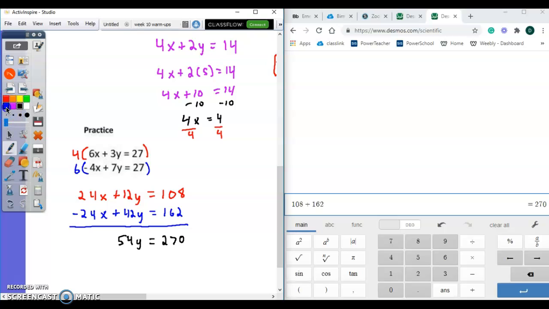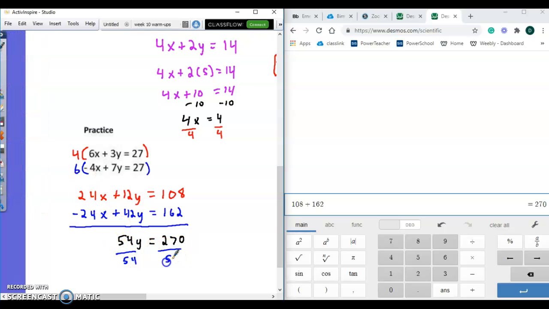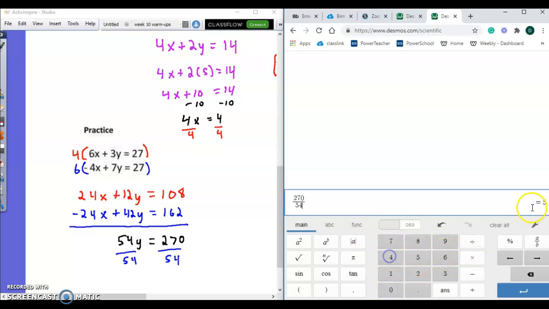Now we do our final step. We divide by 54. They're just bigger numbers, the exact same steps that we've done in previous problems. So 270 divided by 54 equals 5. So y equals 5. That is half of our problem.